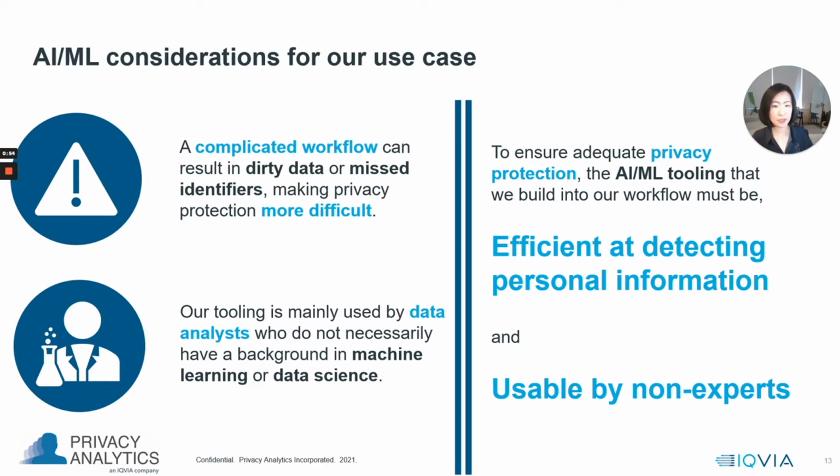It could mean that some of the identifiers could be missed, and eventually it could even become an impediment for privacy protection downstream. Another important aspect is to understand our end users. Since our users are not quite equipped with the knowledge of machine learning or data science, we have to build a tool that is user-friendly, even and especially for non-experts like them.